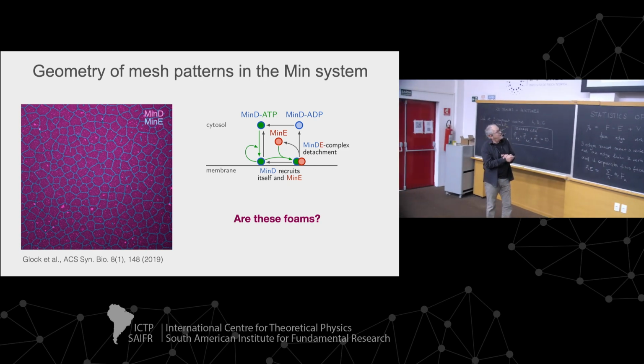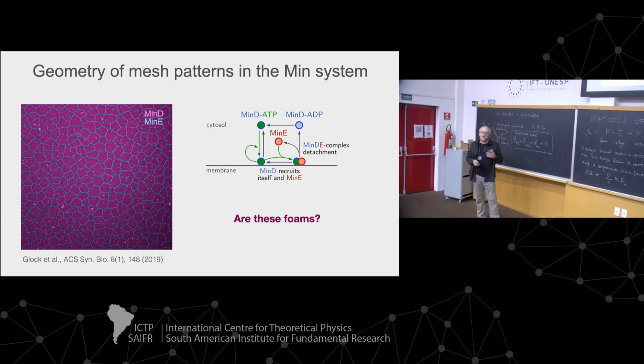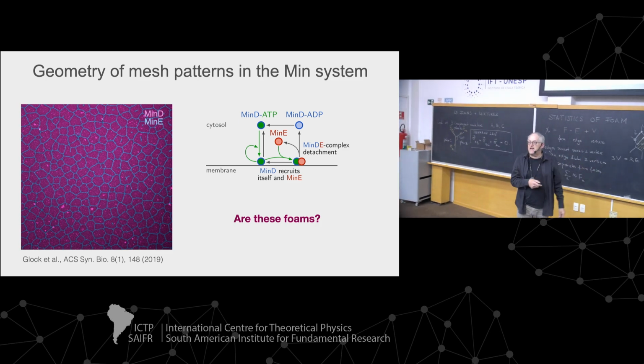It's data from Petra Schwille's lab, the PhD thesis by Philipp Glock in 2019. They published that, and they didn't really make much of it. They just published it and said it's a labyrinth-like structure. Now, after we realized that there is surface tension in these models, we decided we have to reanalyze these data. We have to see what this really is that you see there.